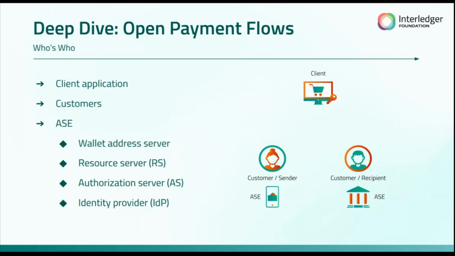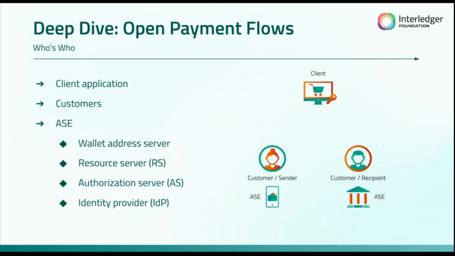They're going to need a resource server, and that's where resources will be created and stored. So resources will be quotes, for example, and we'll go through all of them one by one in the following slides. And then you need an authorization server. So that's where access is granted to create resources. You can't just go and create a resource without authorization. That activity first needs to go through the authorization server and usual flow.